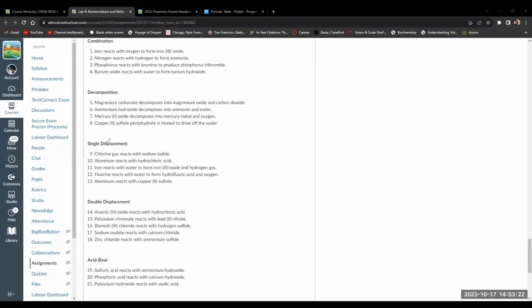So let's do number 5. Magnesium carbonate decomposes into magnesium oxide and carbon dioxide.